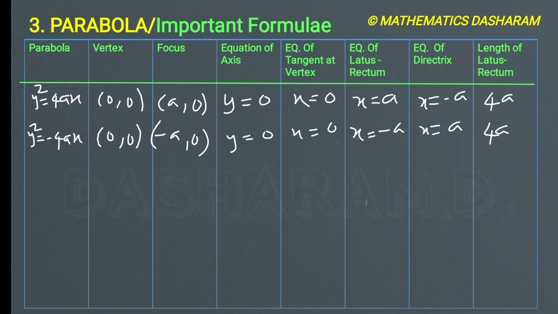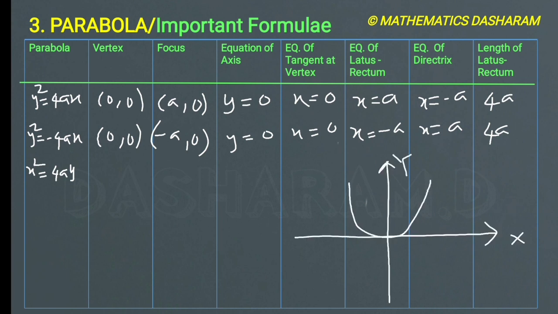Next, the third one is x square equals to 4ay. So this is a parabola and its standard form is x square equals to 4ay. First of all, its vertex is same origin, 0 comma 0 is a vertex. Next, focus, focus means fixed point.